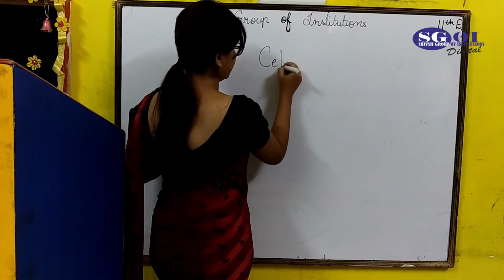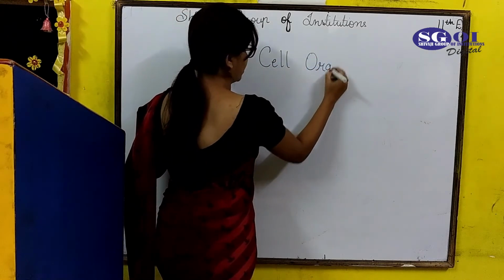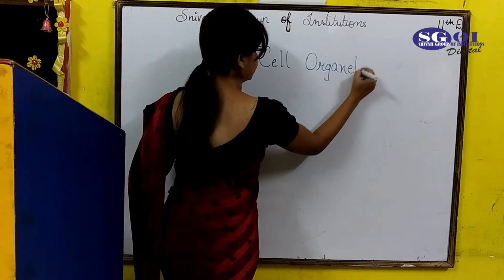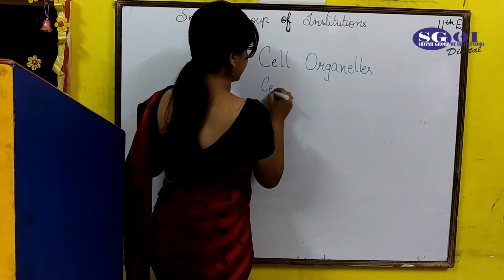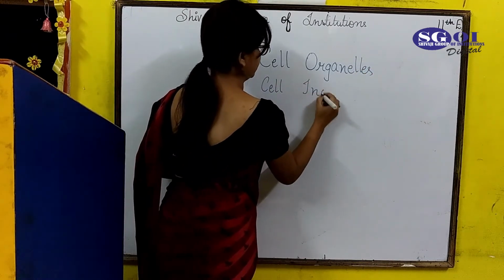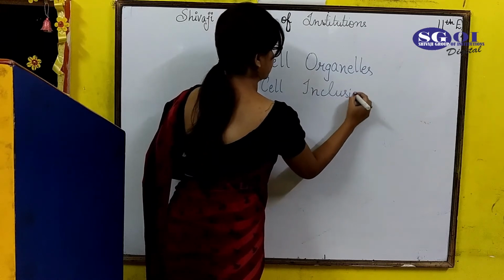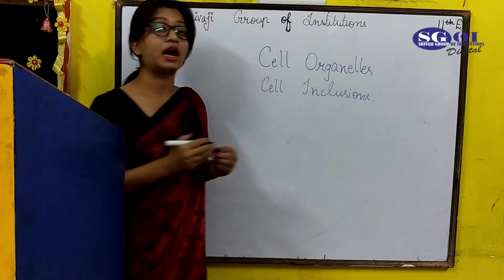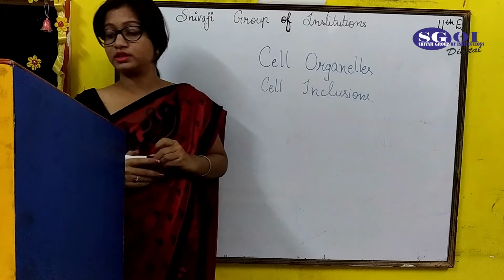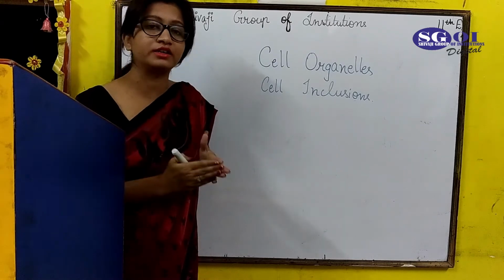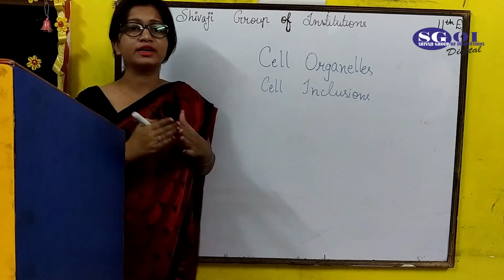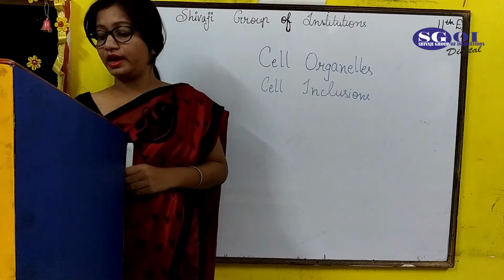Number one is cell organelles, which are metabolically active, and cell inclusions are dead, which are metabolically inactive.